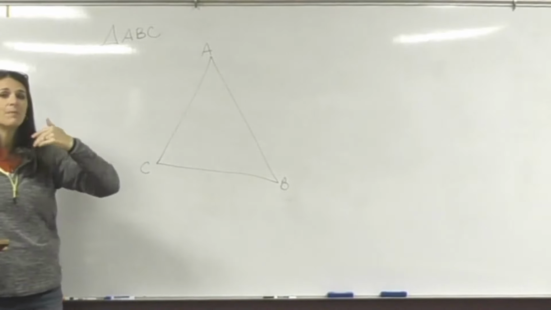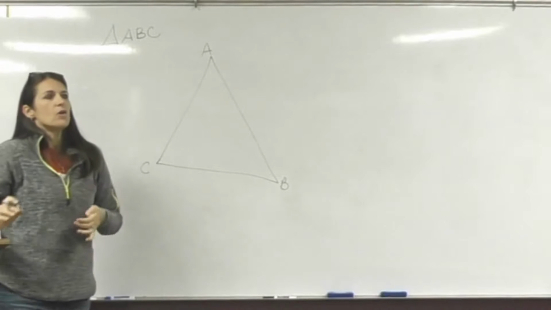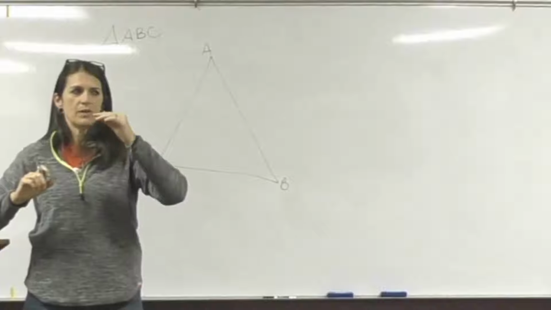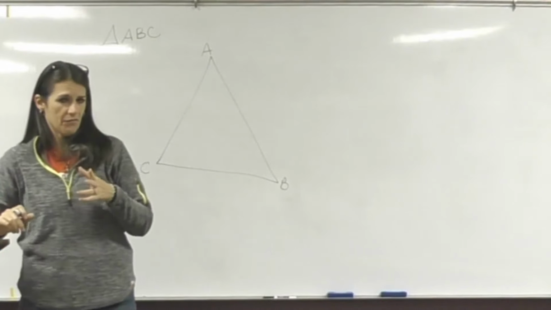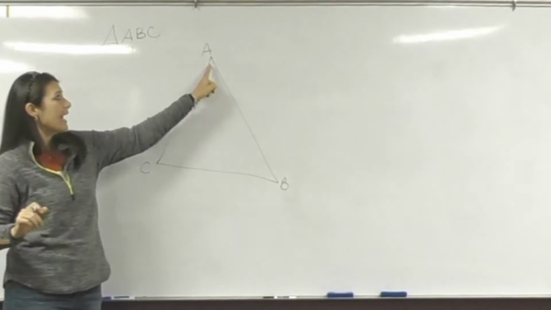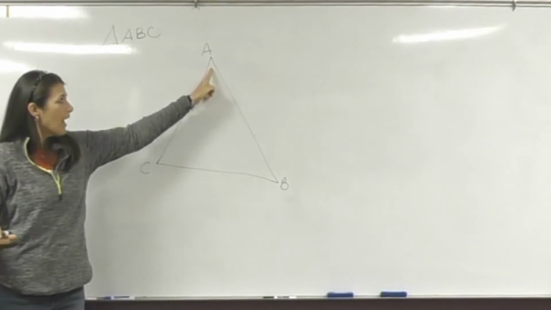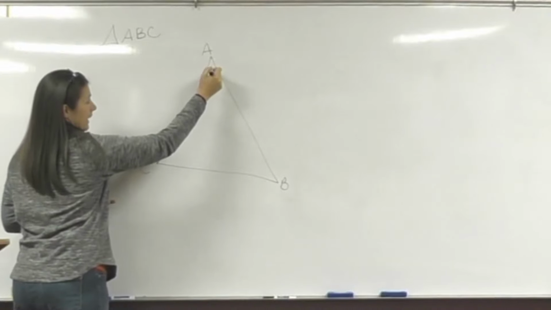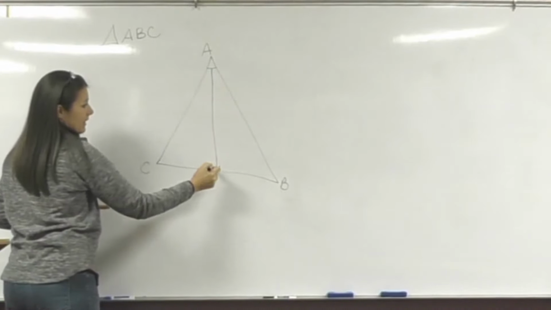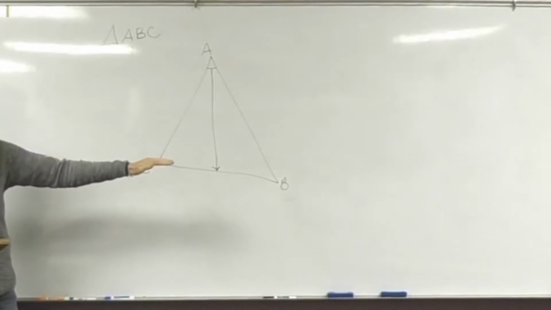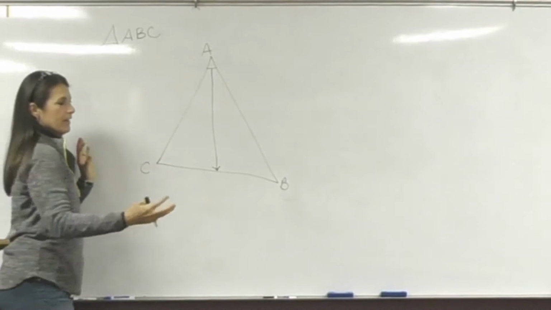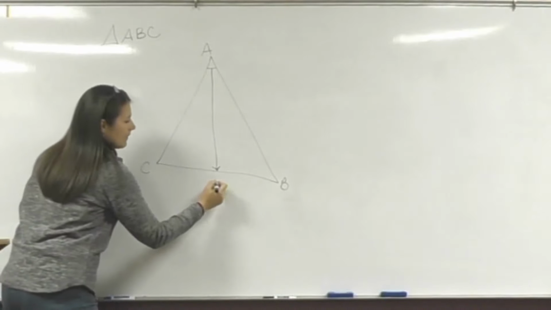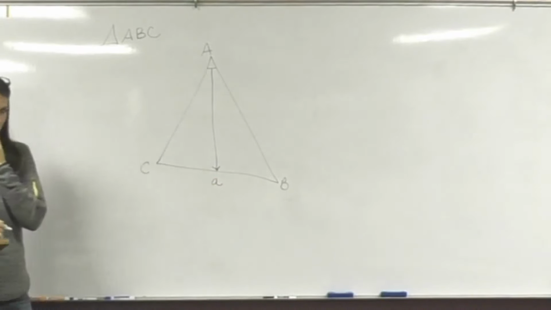So when I name the sides, I name it according to the angle that it's opposite of. Okay, so here is angle A, and so I go to its opposite side. Here's angle A, and his opposite side is right here. It's CB. Okay, like a line segment, CB. When I name the side, I name it a lowercase a.